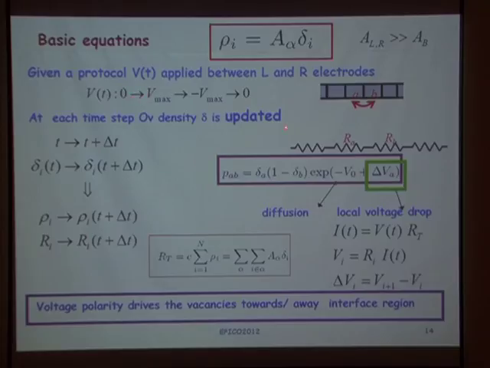At each time step, the density of vacancies is updated. So when we go from time t to t plus delta t, the density of vacancies at each site of our conductive path is updated with this transfer rate.